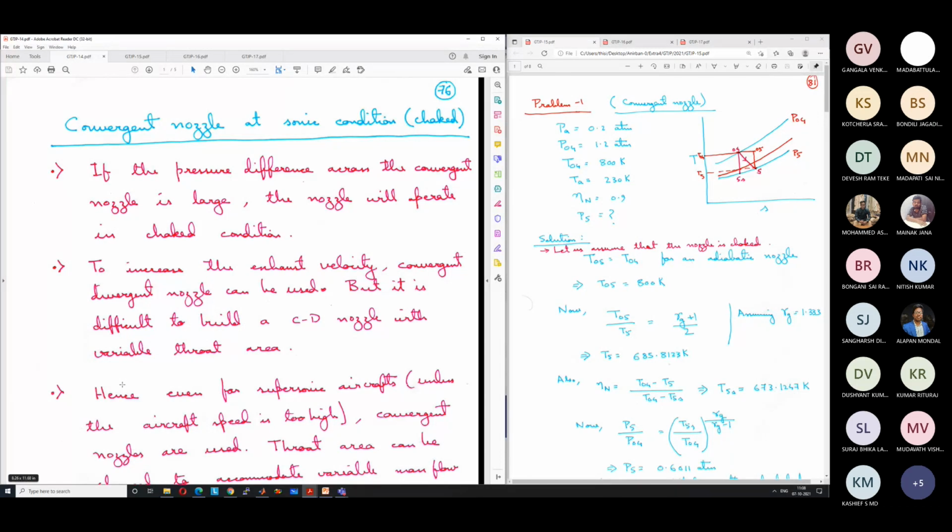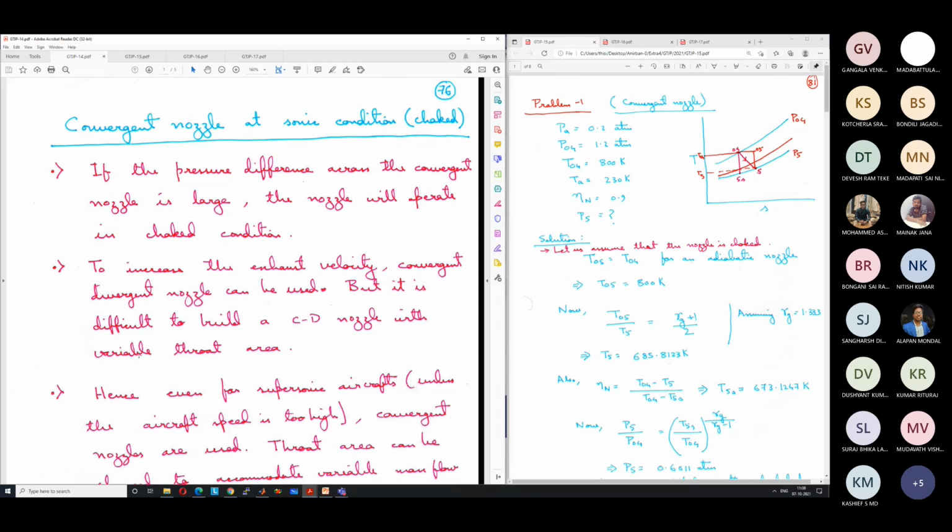So at that point, what will be the velocity? The velocity will be equal to the sonic velocity at the critical temperature. Critical temperature, what is critical temperature? Critical properties are properties which occur at the sonic condition, at the choked section, at the section of minimum cross-sectional area.